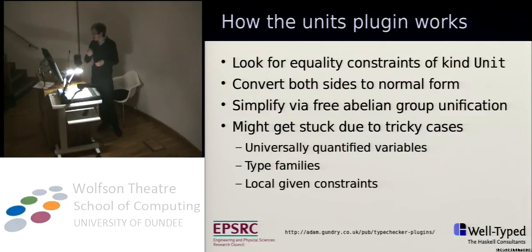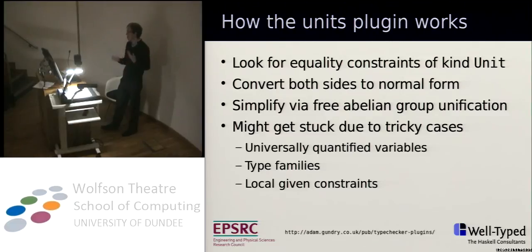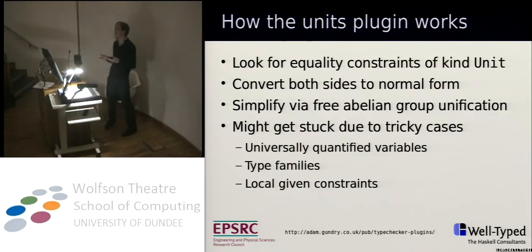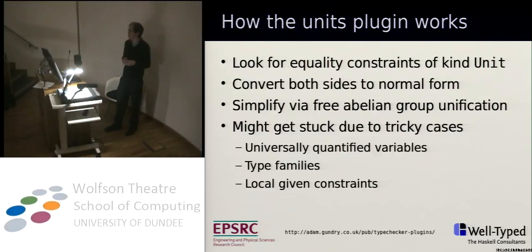So for units of measure, what this comes down to doing is the plugin is going to look for equality constraints between two types of kind unit. And given those two types, it's going to convert them to a normal form and try to do free abelian group unification in order to solve those constraints.